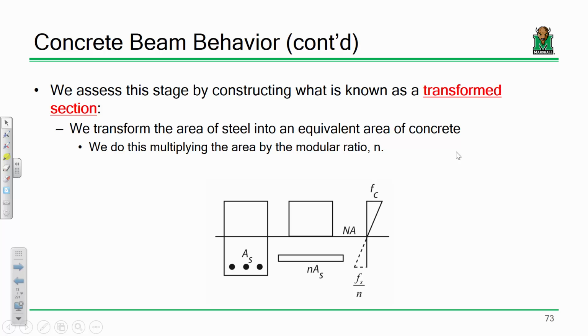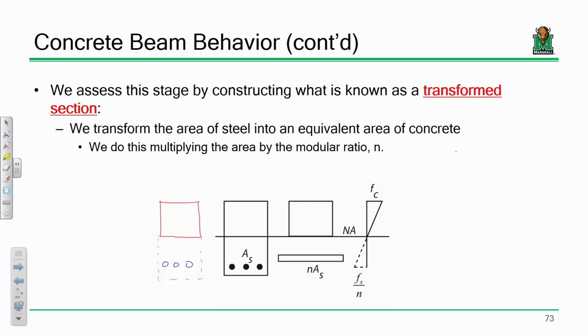Realistically, the only thing we have left in our concrete beam cross-section is a component of the beam up here experiencing compression, and then some rebar down here. The cross-section does look like this, but that part would be experiencing tension, so we assume it's ineffective and cracked. All we have is concrete in compression, and we have steel.